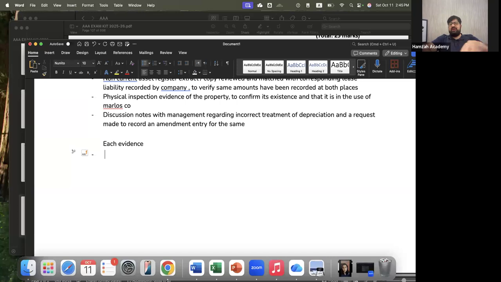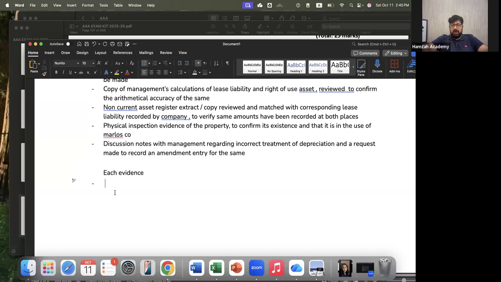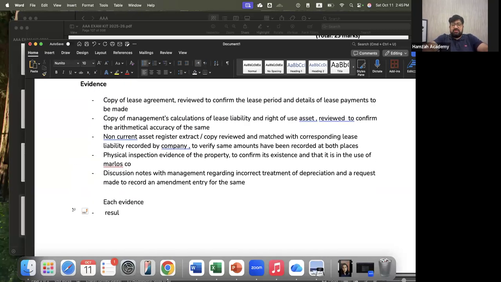Now, each evidence has, first of all, the result of an audit procedure present in the audit file. That may be in the form of some tangible item, such as a copy, some document, or some notes written by the auditor.